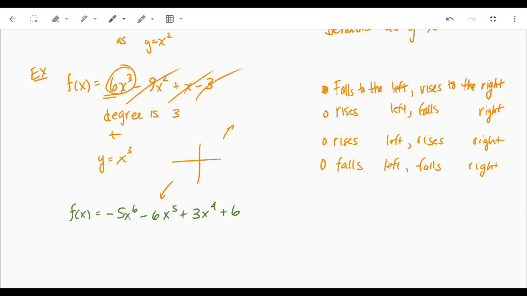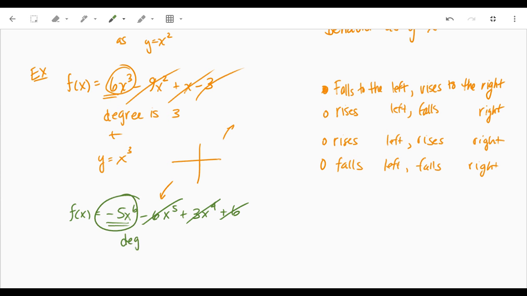Again, we don't care about anything other than the highest degree. I don't think they're going to try to trick you or anything, but make sure you look at all of them. Maybe instead of 3x to the 4th, it's 3x to the 14th. Then that's the highest degree, and that's what we care about. Looks like they're doing these in standard form where the highest degree term is always first, but double check that. So we don't care about those. All we care about is this.